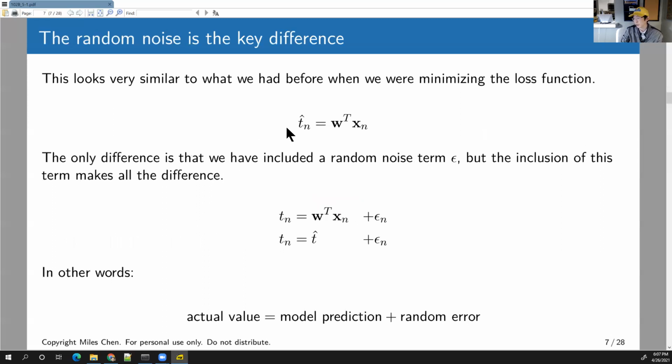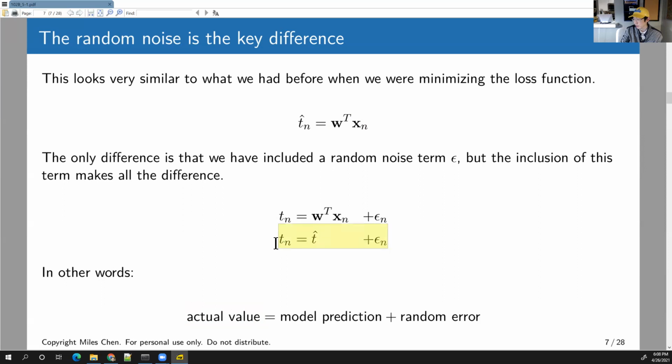This looks a lot similar to what we had when we were trying to minimize the loss function. We said t hat is basically going to equal this mean function, the vector of coefficients multiplied by our x vector. The only difference is that we're saying the actual value is equal to what our model predicts, the model plus error.